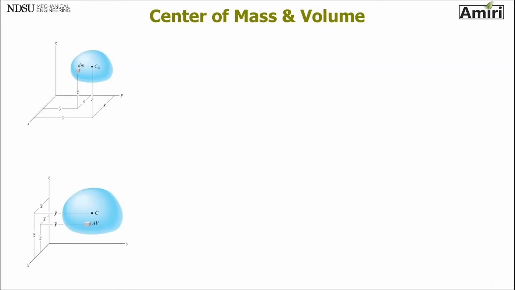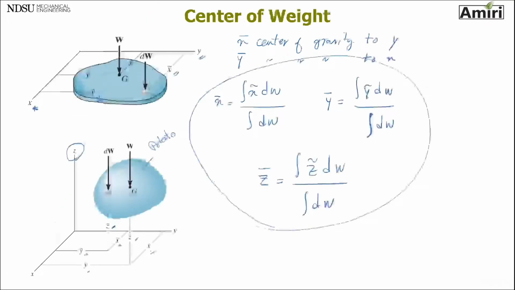Now if I write differential amount of weight, do you agree that I can write it as dm, differential amount of mass, multiplied by g, acceleration due to gravity? So all I have to do, in the other integration that I had, is replace dw by g dm.